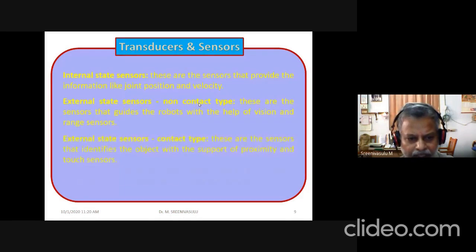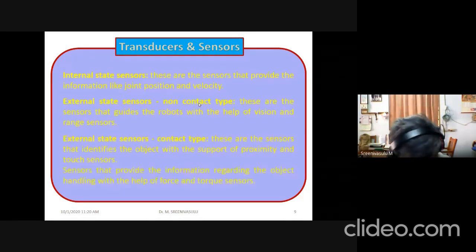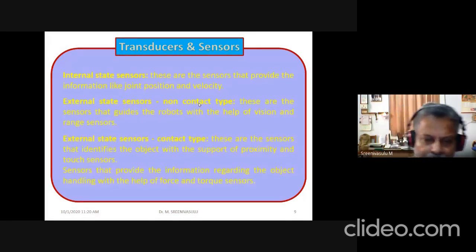There are a few more varieties. Internal state: the sensors attached sense information based on the internal arrangements.